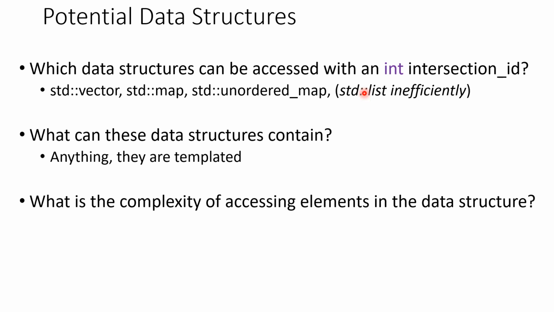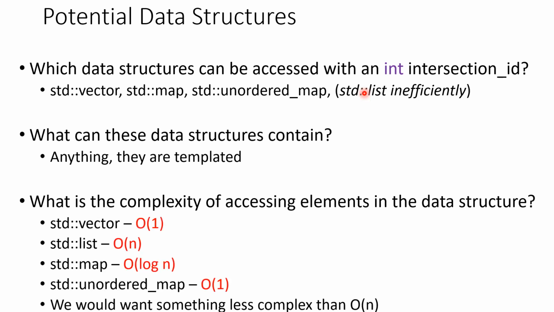And the complexity of accessing elements in the data structure will vary. Vector will take O(1) time, list will take O(n). Map is O(log n) because it's a binary search tree. Unordered map is O(1) because it's a hash. And we would want something less complex than what we have now, which is definitely not list and not map.